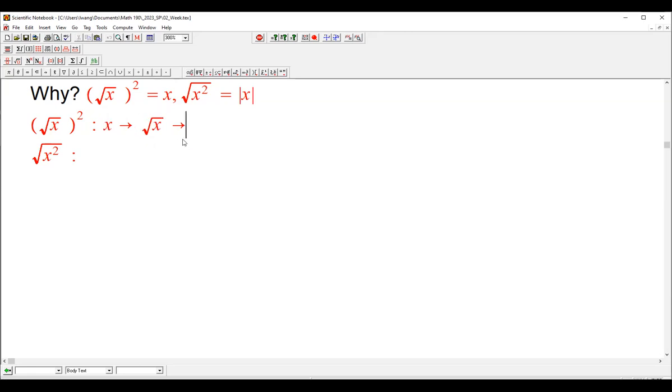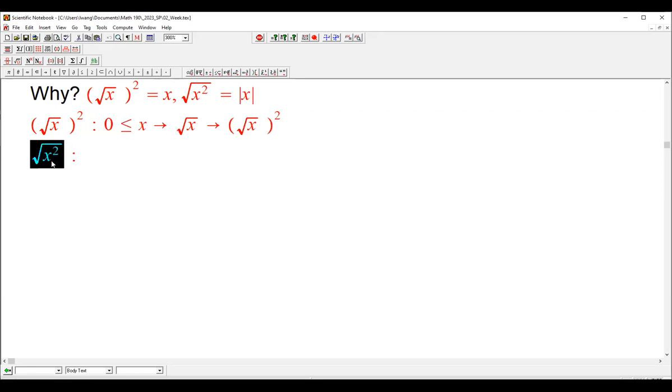After the square root of x is found, then we do the squaring. That's the order of operations. This requires x to be in the domain of the square root, which means x has to be greater than or equal to 0.